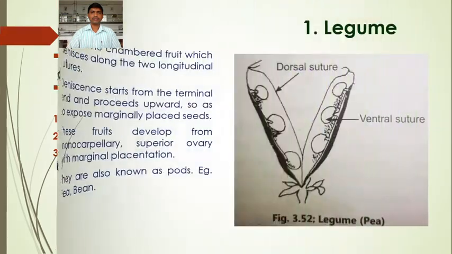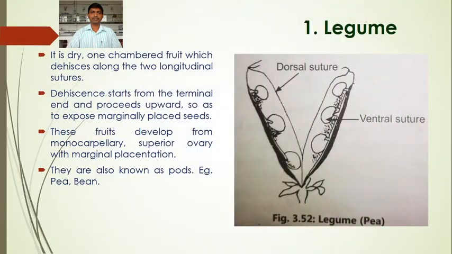The first one is the legume. It is a dry, one-chambered fruit which dehisces along the two longitudinal sutures. Dehiscence starts from the terminal end and proceeds upward so as to expose the marginally placed seeds.